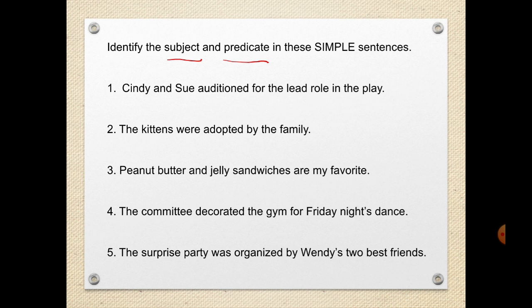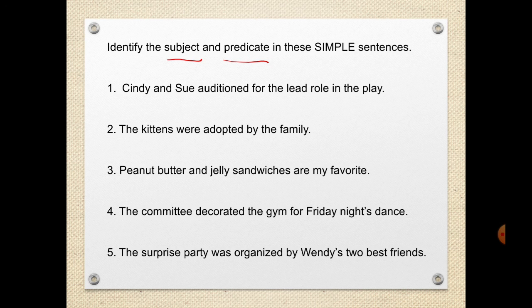We need to find the subject and the predicate. Or, to make it easier, we need to know which one is the subject and which one is the verb, because the verb is basically the boundary between the subject and the predicate.